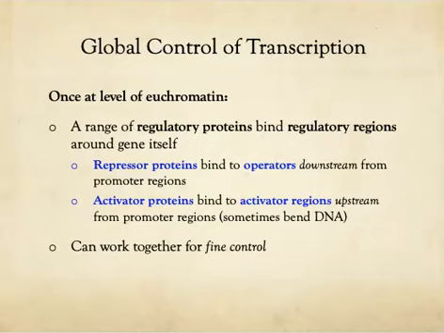In comparison, activator regions in the regulatory region of a gene are located upstream from the promoter region. That too is going to be important when we talk about how these proteins work. Remember, both repressor proteins and activator proteins are literally interacting with the gene. So we consider their control as fine control.